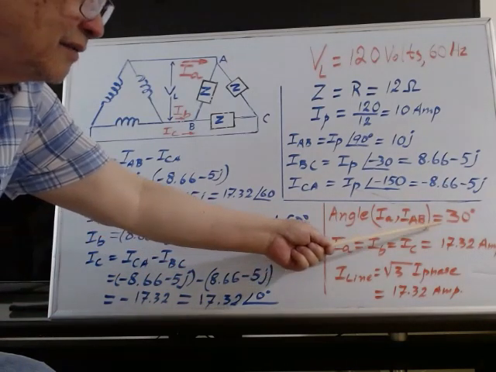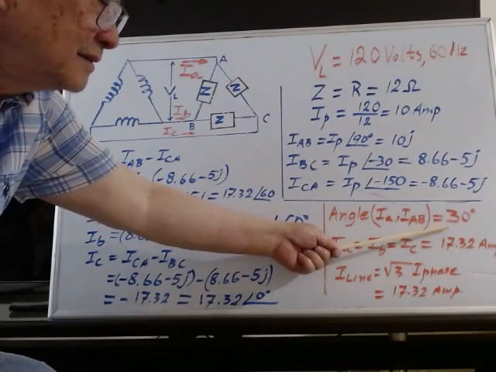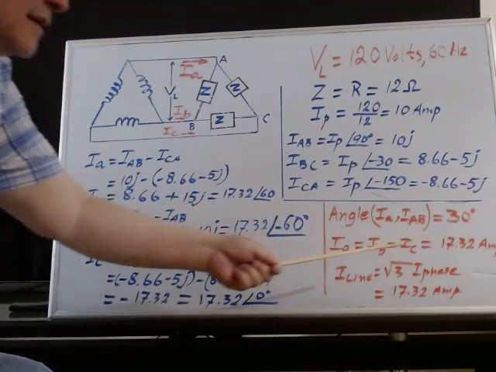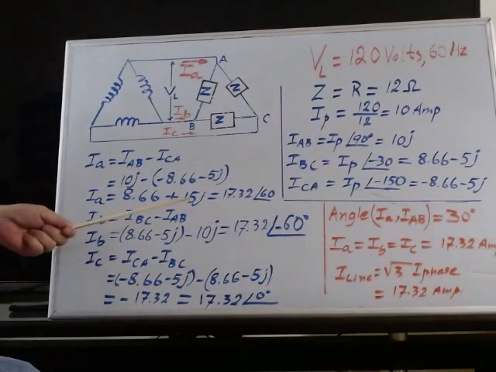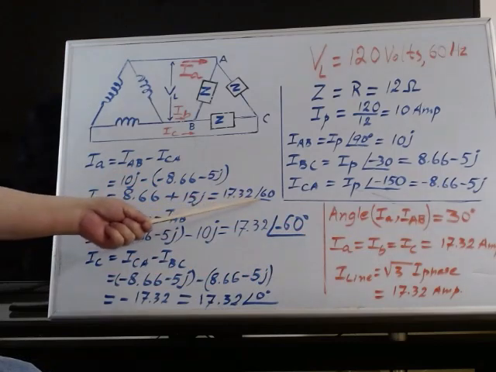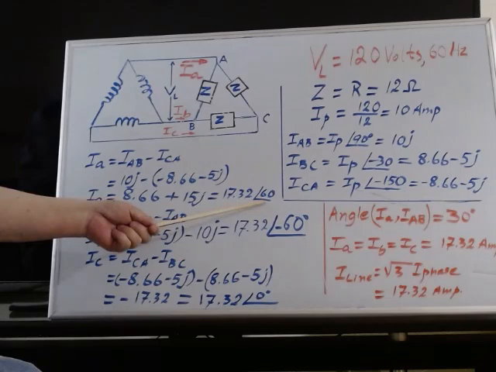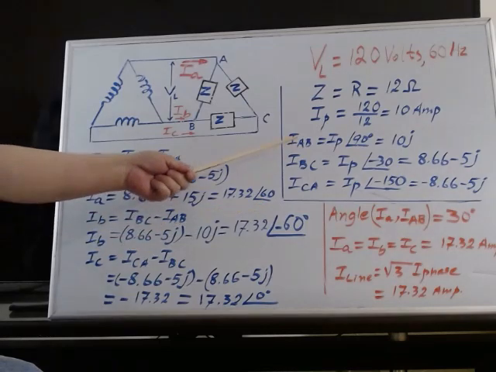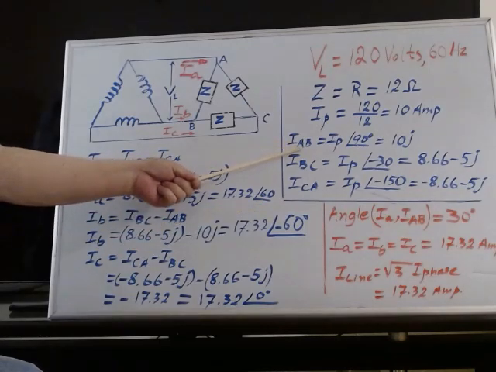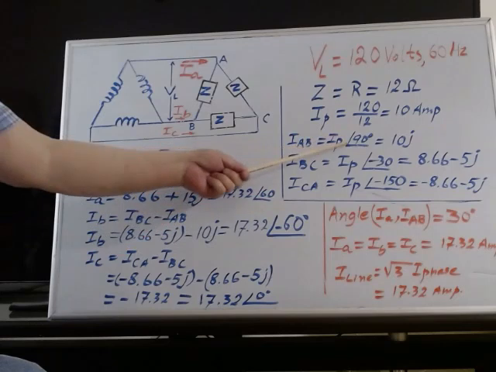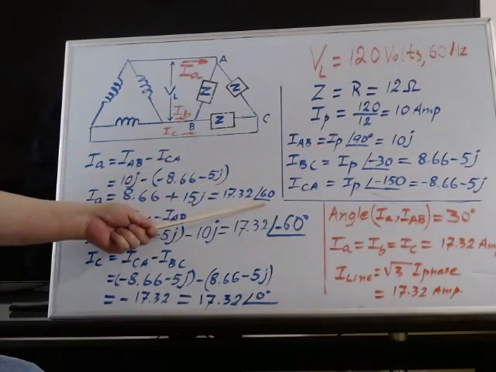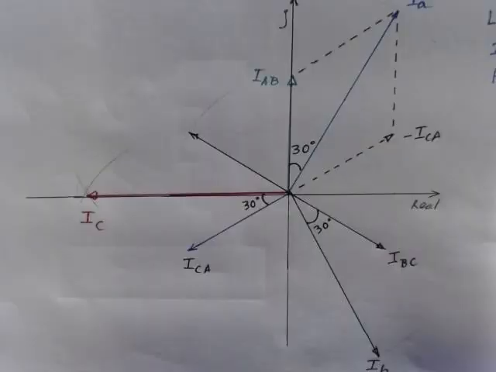You will get 30 degrees because IA is equal to 60 and IAB is equal to 90. The difference between the two is exactly 30 degrees.